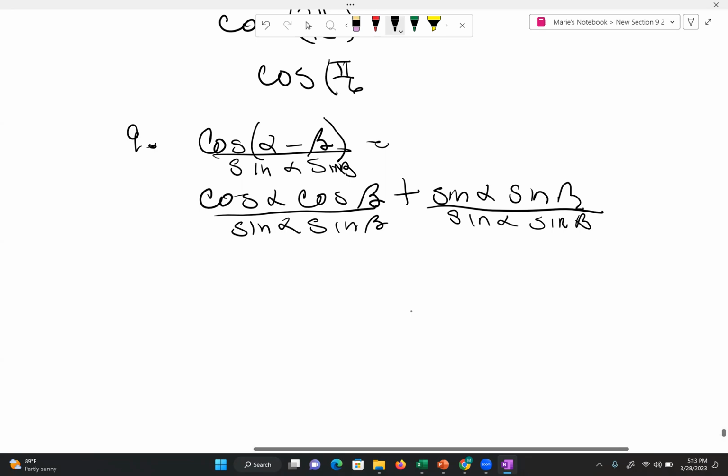If you notice, this cancels to 1. And if I cancel values, I end up with, notice the split, this becomes cotan alpha, and this becomes cotan beta. And this is your final answer.